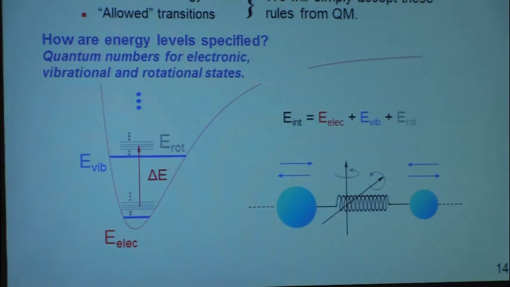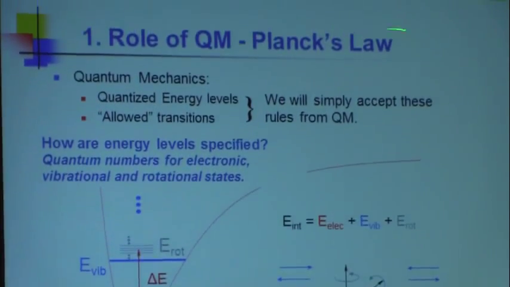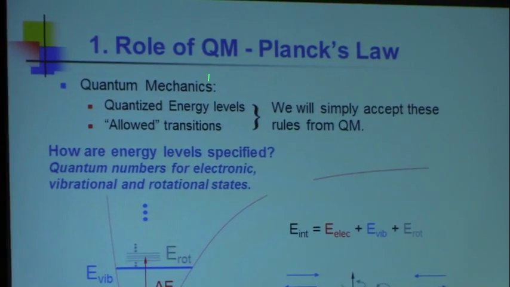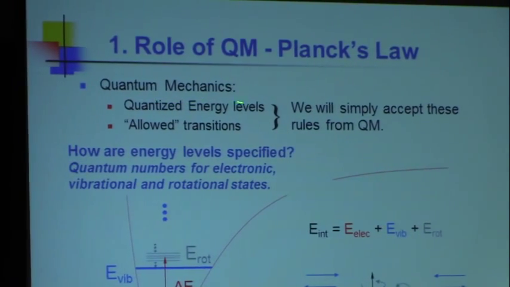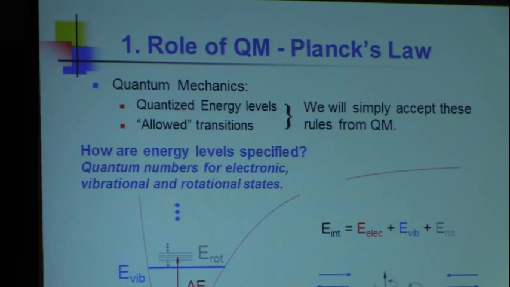Okay, so Planck's law, and the role of quantum mechanics. What do we need to know from quantum mechanics? Quantum mechanics tells us that molecular or atomic systems, these microscopic particles, must exist in certain quantum states. They must follow certain rules. They're only allowed certain values of angular momentum and energy, and these are called quantum states.